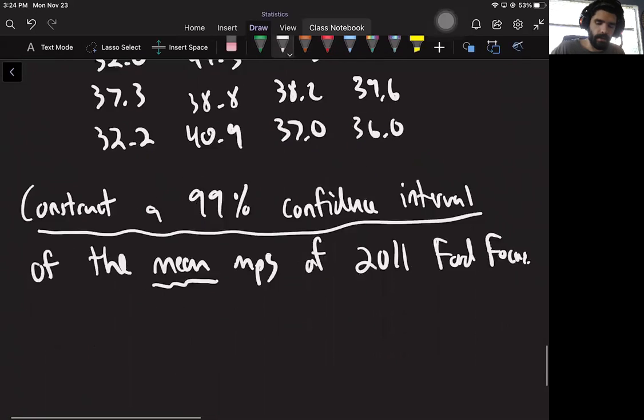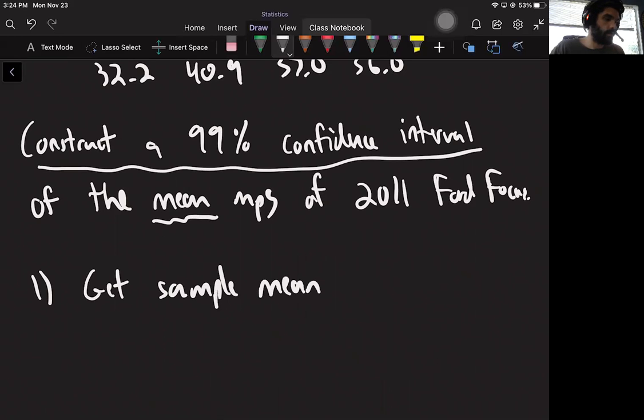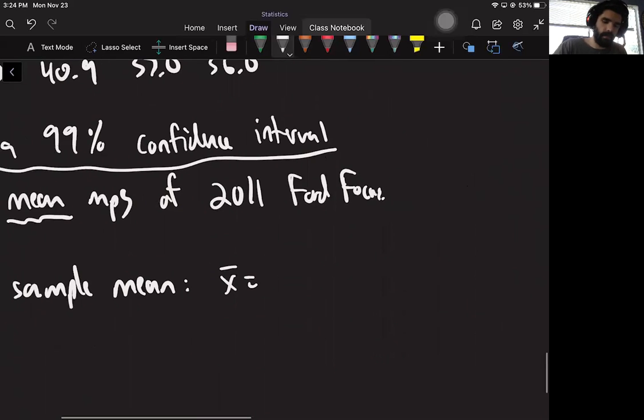Okay, let's go through and do it. The first thing we need is the sample mean. That's just the usual mean, so remember how to do that. You just add up all the numbers, then divide by how many there are. In this case, there's 16.